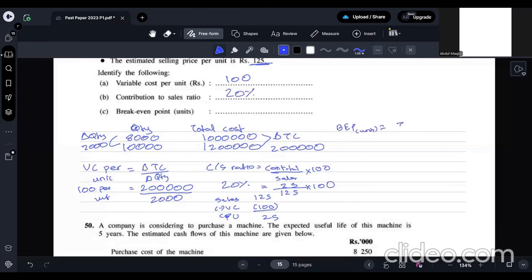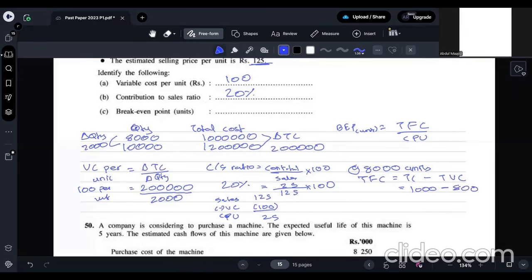Break-even point in units equals total fixed cost divided by contribution per unit. Now, how will you find the fixed cost? You can substitute either one of these units and find it. I'll find it at 8,000 units. At 8,000 units, total fixed cost will be equal to total cost minus the total variable cost, right? Total cost at 8,000 units is 1 million minus total variable cost, which is 100 rupees per unit into 8,000, that is 800,000.